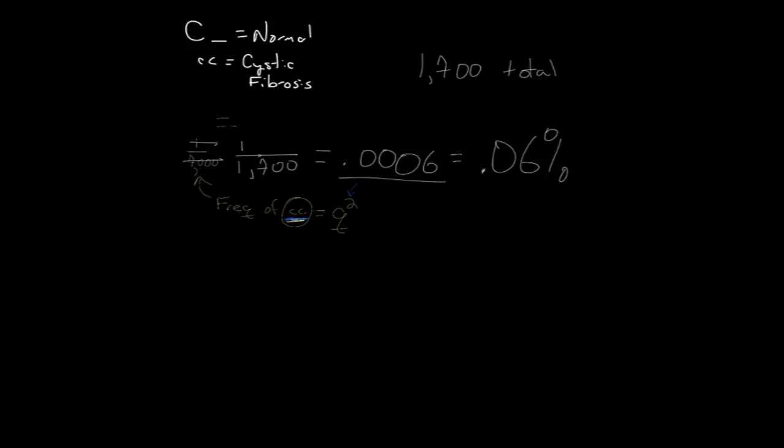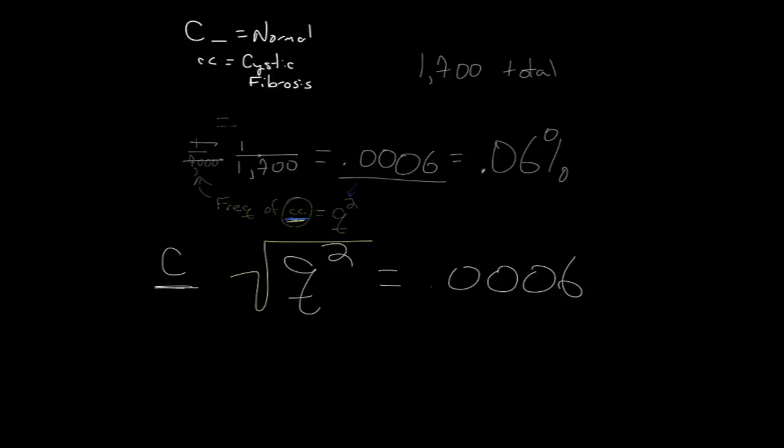So remember, q is how many little c's you have in a gene pool. And to find q, when you have q squared, what are you going to do?